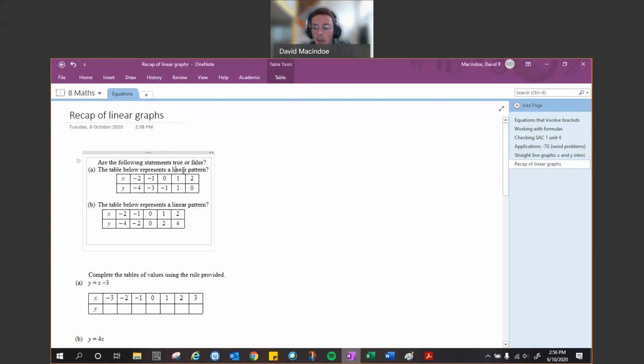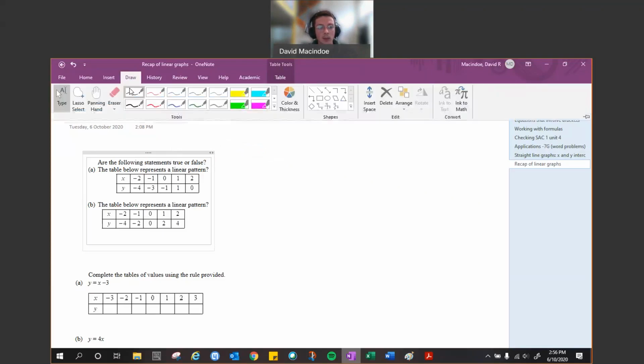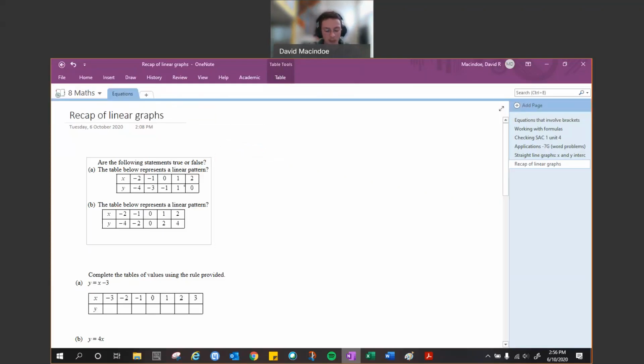Now if you think about a straight line, as you go across horizontally, you go up by the same relative amount vertically. So all we have to do is check whether it goes up or down by the same amount. We look at x between -2 to 2, all of the whole numbers there. Going from -4 to -3, you're adding 1.